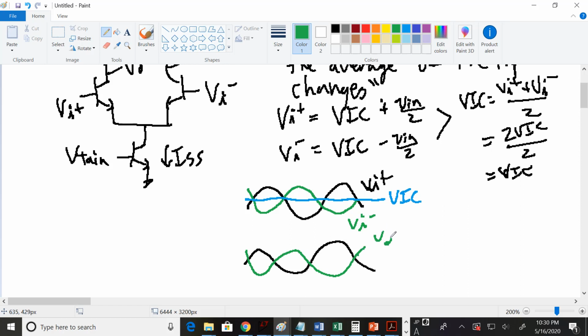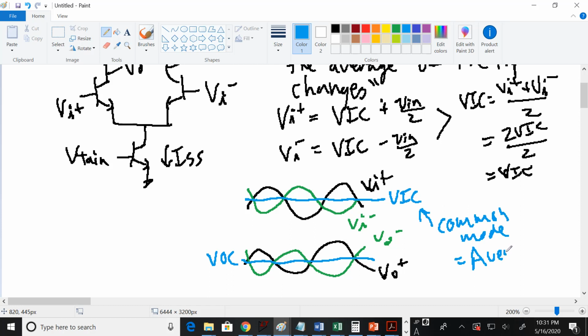This is V out minus. This is V out plus. And then this average value right here, if you added the two signals, this would be VOC. And the C stands for common mode. And common mode really just means average.